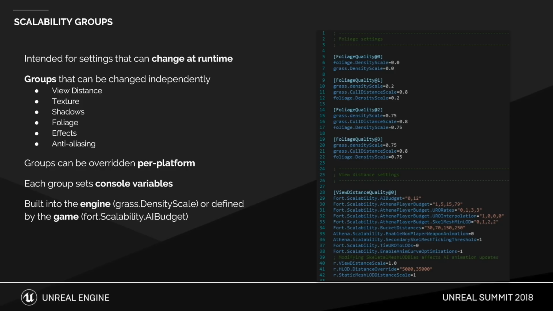For example, over here, the first few scalability settings for the view distance are defining game-specific view distance settings that don't make any sense for other games. Down the bottom, we have the engine-specific view distance multipliers and those kinds of things. But using this one system allows us to tweak engine parameters as well as game parameters with a single number for each of those different groups.